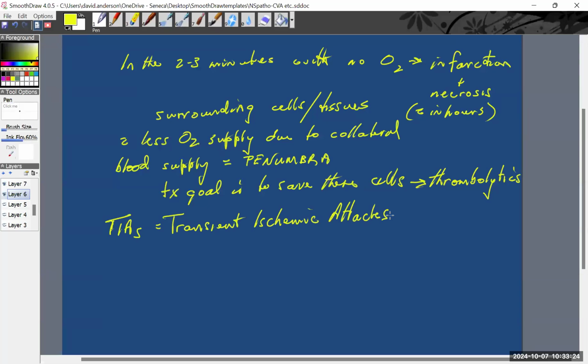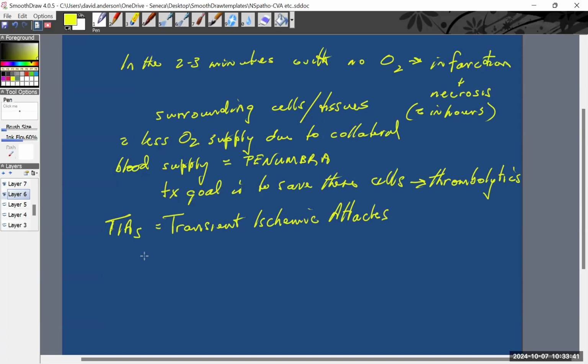Now we understand better with imaging that any evidence of an infarct is an indicator that there's already been a stroke.